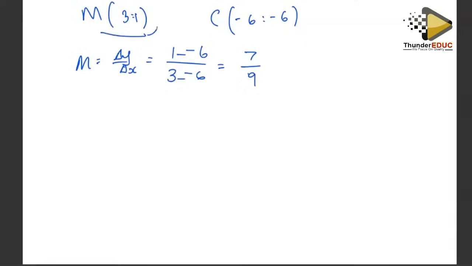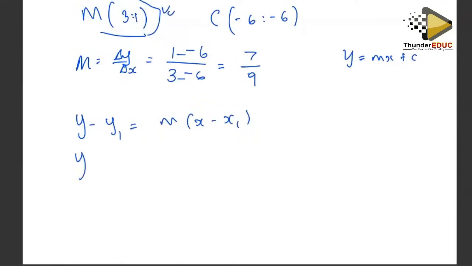Then let's use this point. Some people prefer to use y equals mx plus c; they look for the c. I prefer to use y minus y1 is equal to m into x minus x1. I'm going to use the point M. So it's saying y minus 1 is equal to our m, which is 7 over 9, into x minus 3. We open this up.